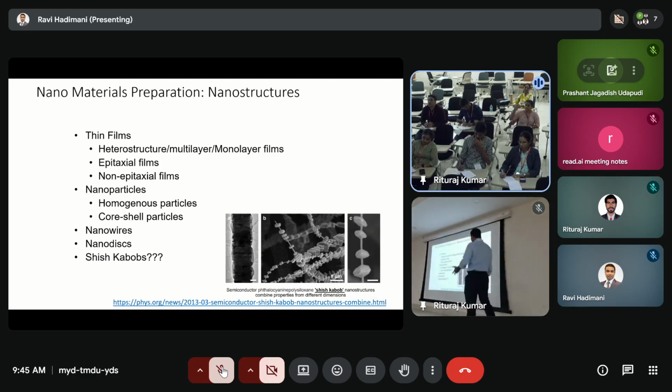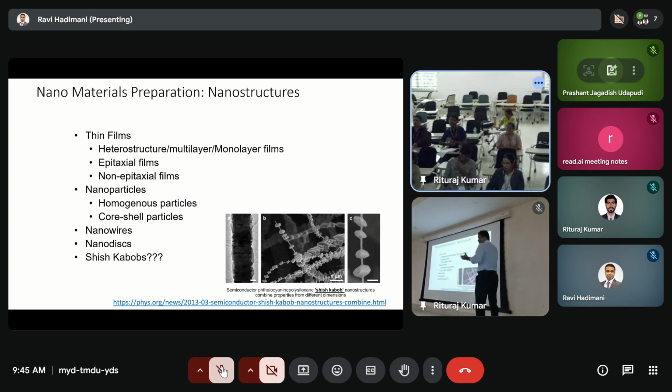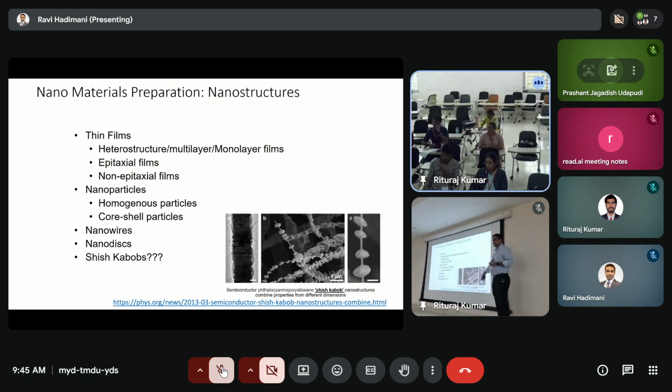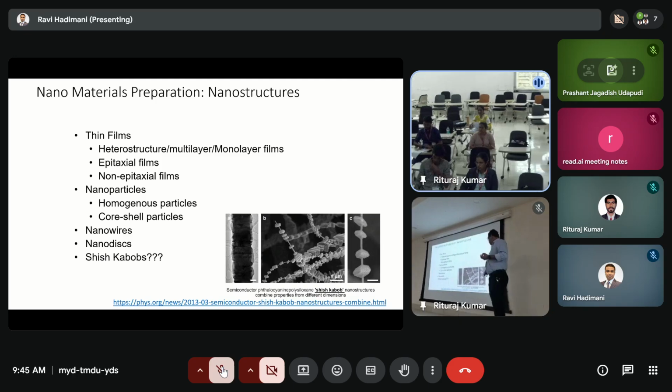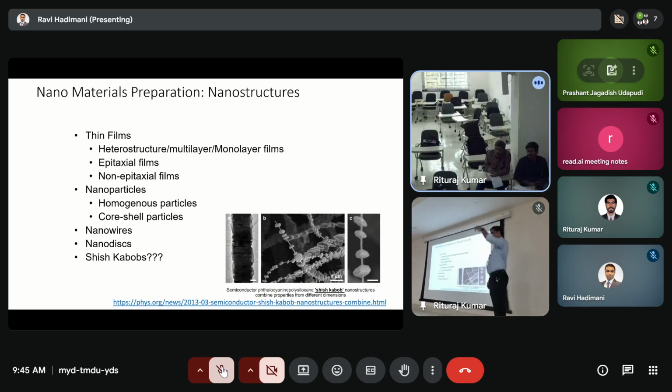So there are different types of nanomaterials, but joke aside, I'm not too familiar, but I just found it interesting. It's a nanorod with a nanoparticle attached at multiple locations.